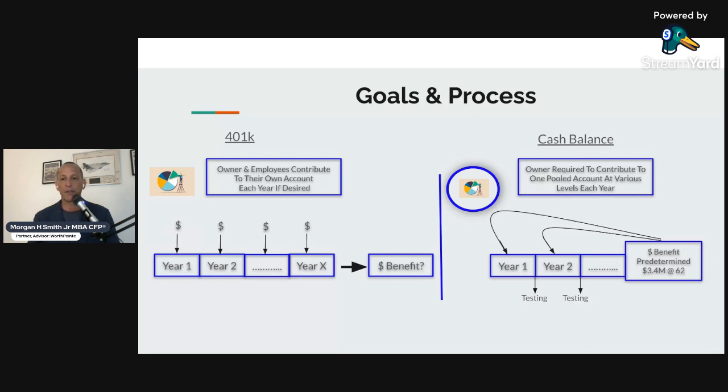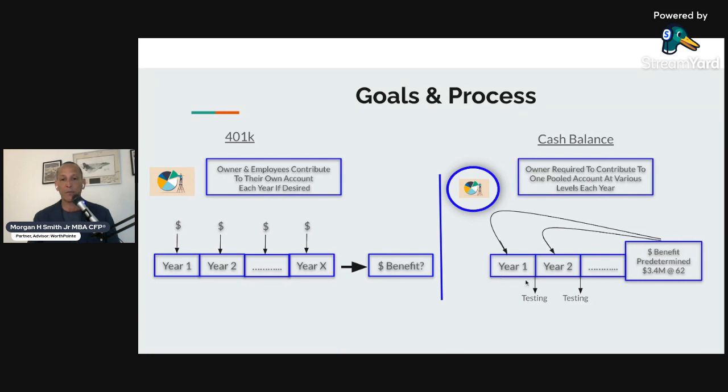And that future benefit right now in 2024 is defined and set at $3.4 million at age 62. So then the actuaries project that out and reverse engineer it back, and they will tell you what you can contribute from a maximum and minimum standpoint each year.